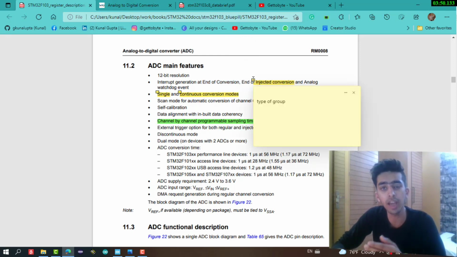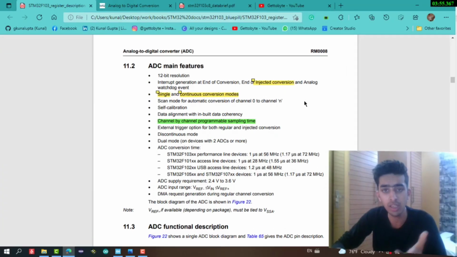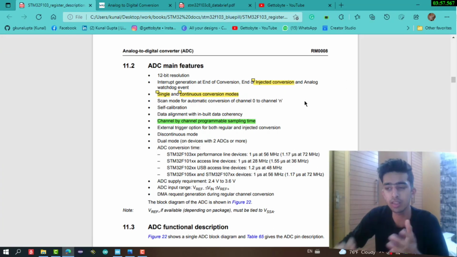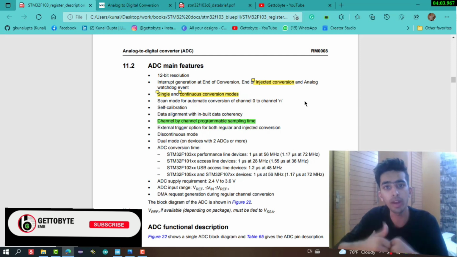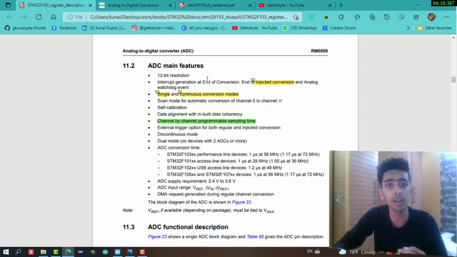Injected is a type of group in the ADC peripheral. In ADC we have two groups in STM32 microcontrollers, regular group and injected group. Whenever we have a conversion done of the injected group, the end of injected conversion flag is set. And whenever we have done the channel conversion from the regular group, the end of conversion flag is set.